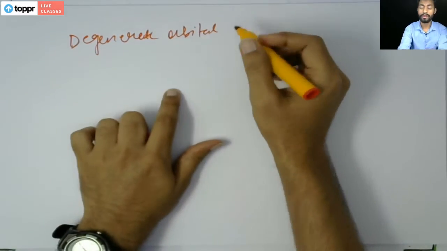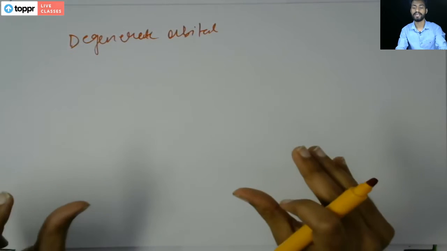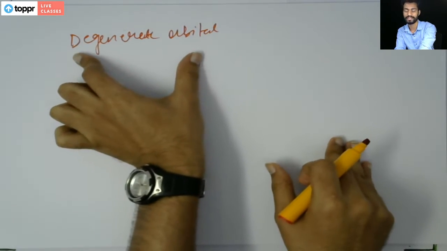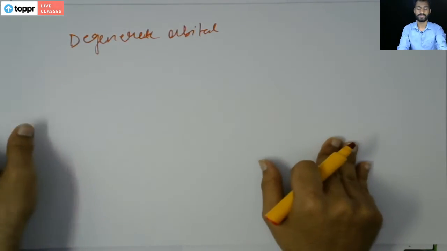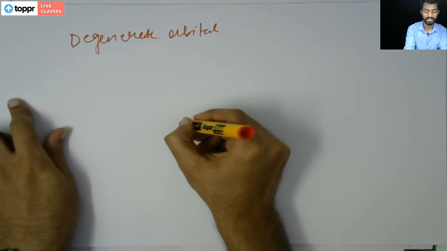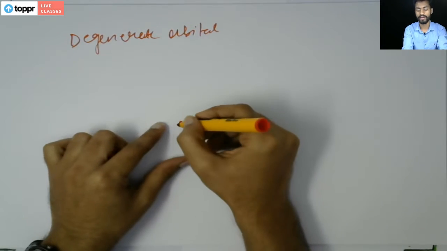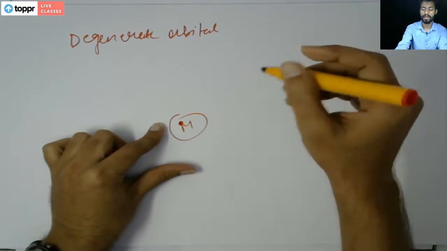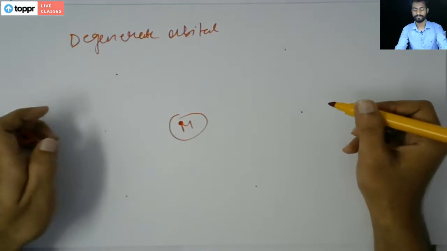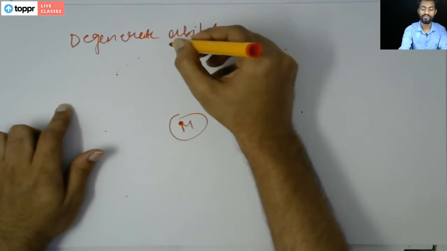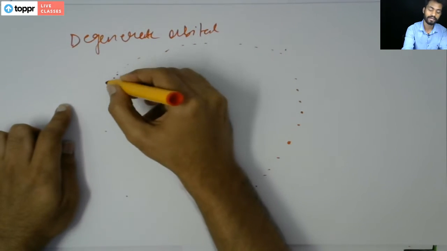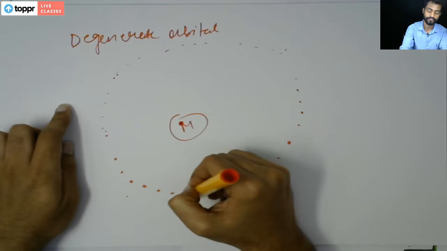When all the orbitals of any shell or subshell have equal energy, those orbitals are called degenerate orbitals. Here comes the twist. In the coordination complex, let's consider this as a cation or metal, and consider these point charges as ligands. When they are at a certain distance, far apart from the metal, they form a symmetric structure around it.